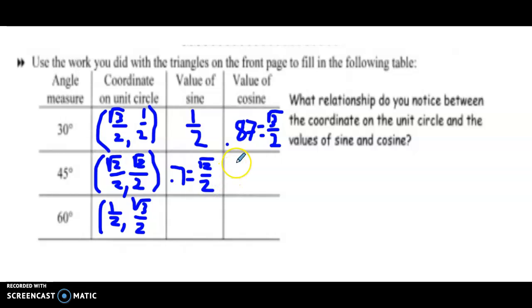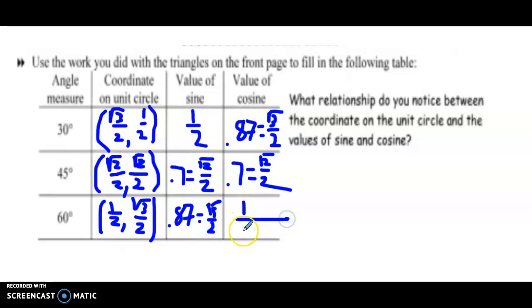And the cosine of 45 is also 0.7, which is the square root of 2 over 2. Okay, and then same thing for 60 degrees. The sine of 60 degrees is 0.87, which is the square root of 3 over 2. And the cosine is 0.5, whoops, or 1/2.